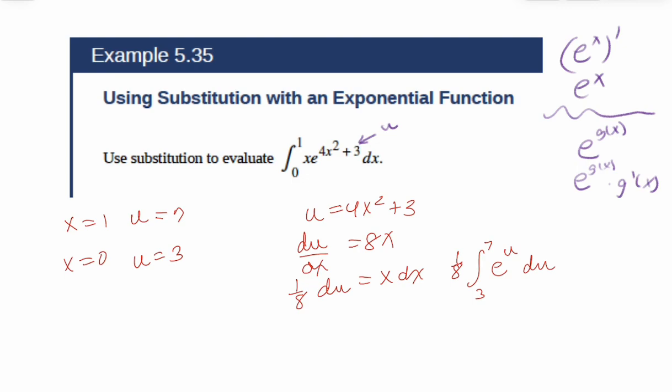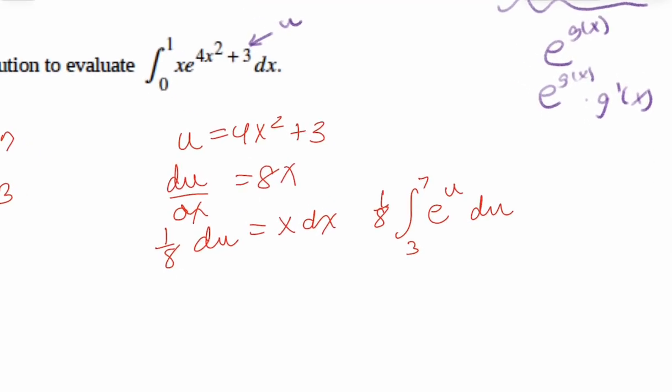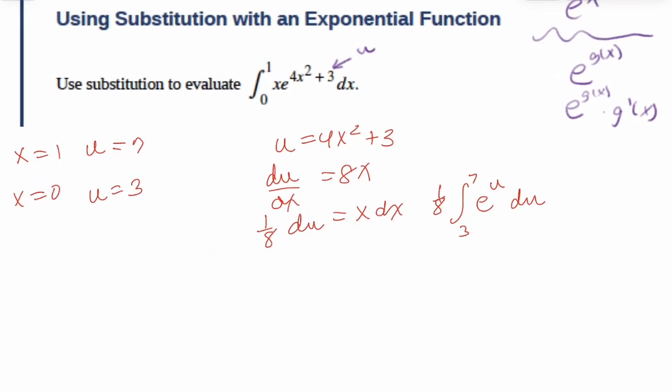We get to do the rest of the problem in terms of u's. Okay. The antiderivative of e to the u is e to the u. The 1/8 just hangs around for the ride. Stick your boundaries in, upper bound minus lower bound, and then we're done.